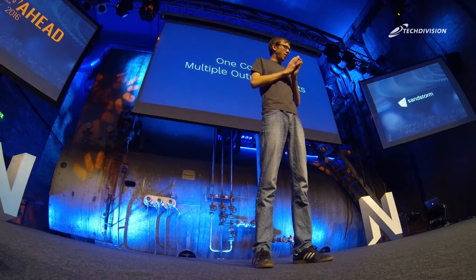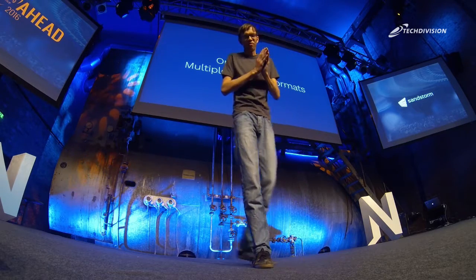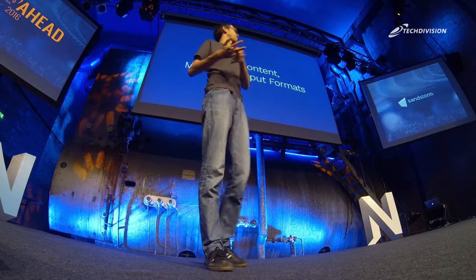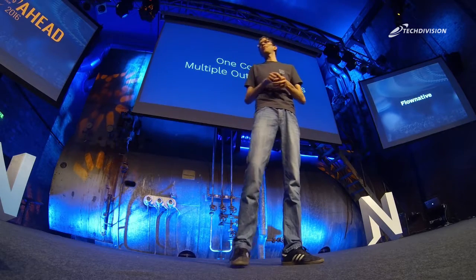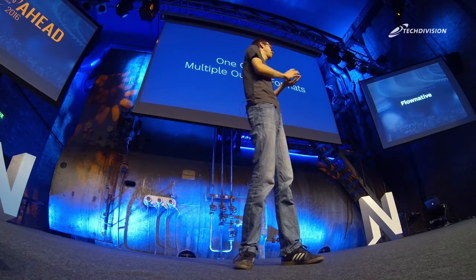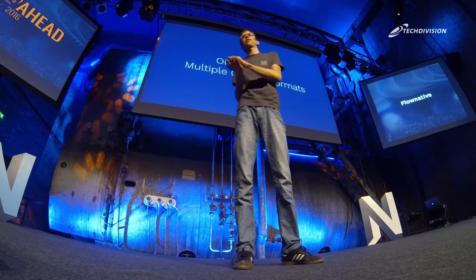So, let's check something else out, which is that from time to time you have your content not just rendered once, but multiple times. So we have the case that there's one content and there should be multiple output formats at the other side.